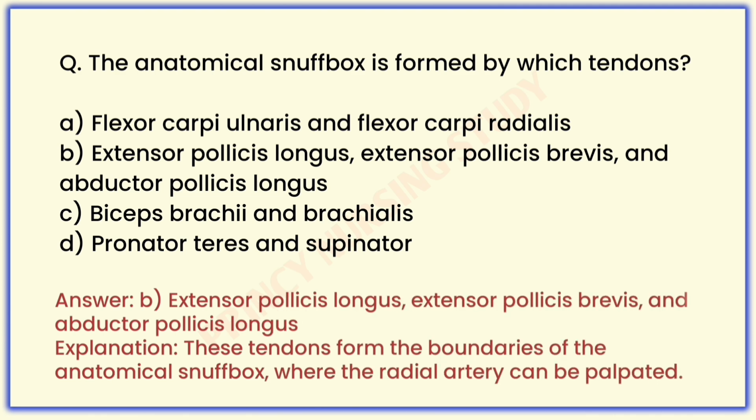Correct answer is B. Extensor pollicis longus, extensor pollicis brevis, and abductor pollicis longus. These tendons form the boundaries of the anatomical snuff box, where the radial artery can be palpated.